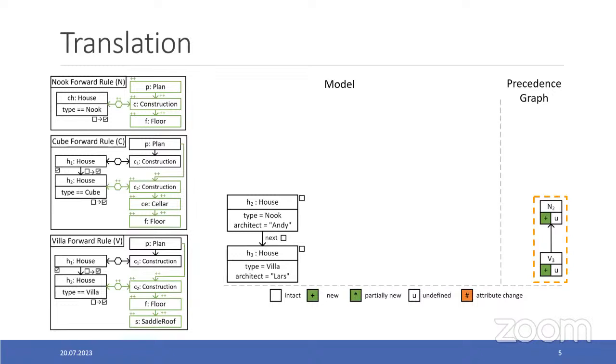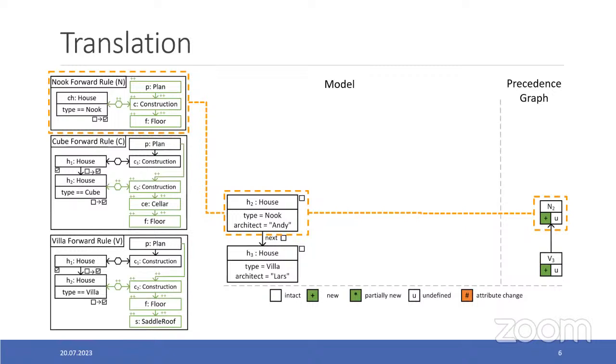Basically, each node stands for a rule application. Here, this first node stands for an incomplete Nook rule application, where up top we have the label for the corresponding rule, and the left little box with the plus states the consistency on the source side, and the right box with the U states consistency on the target side.